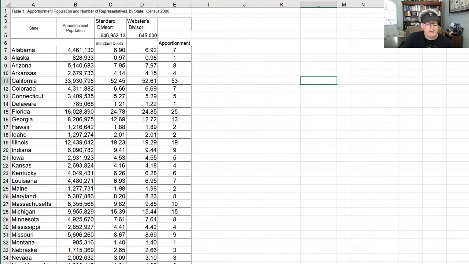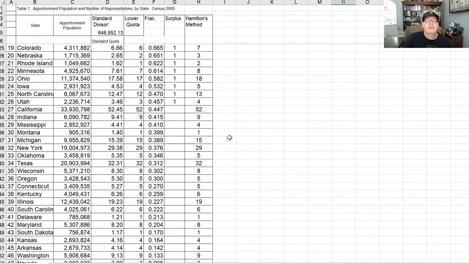If I were to look at Hamilton, again, regular rounding was too short, and then Hamilton would have given North Carolina and Utah the seats in 2000. Well, Webster gave North Carolina last time. But it'll be a little bit different with Webster.